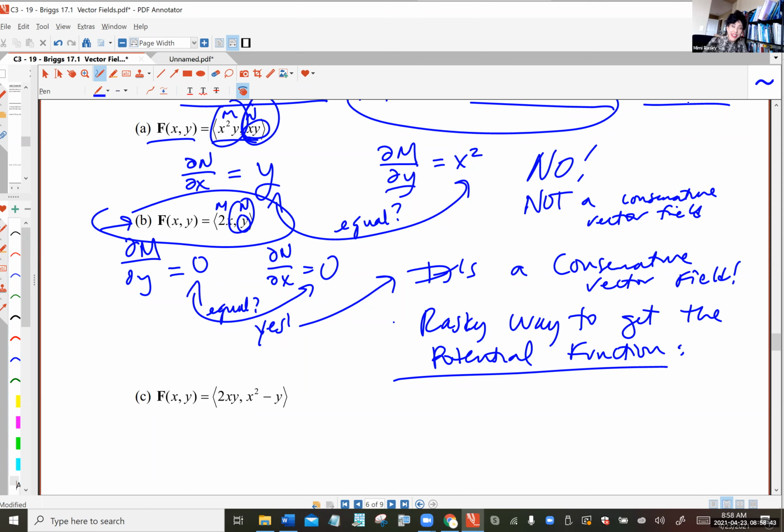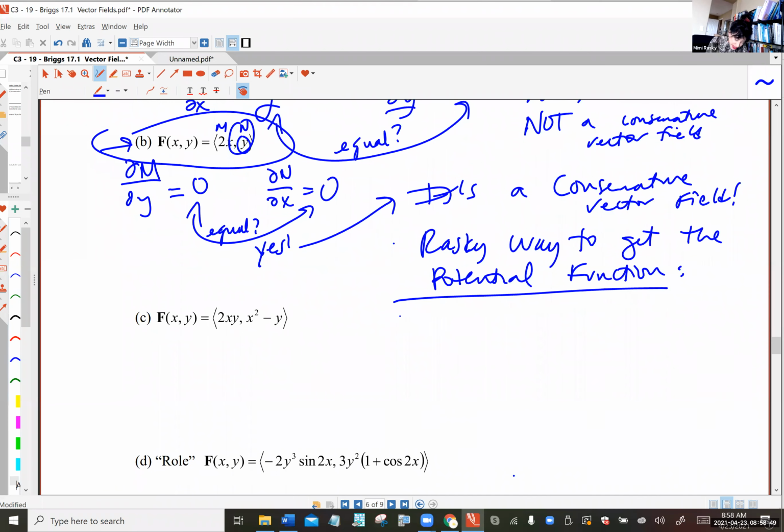I'm going to give you the easiest way to find the potential function. You're first going to take the integral of m, the first component, with respect to x, and you'll get something. Then you'll take the integral of n with respect to y, and then you'll basically add the results, sort of.